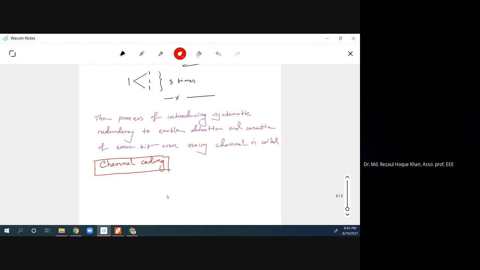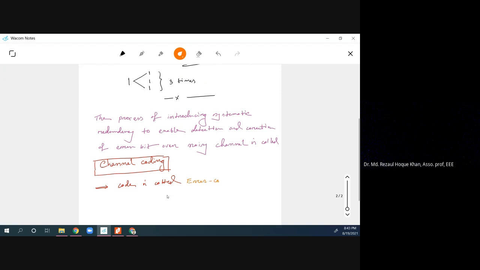Now the code that is used for this channel coding is called error control code.